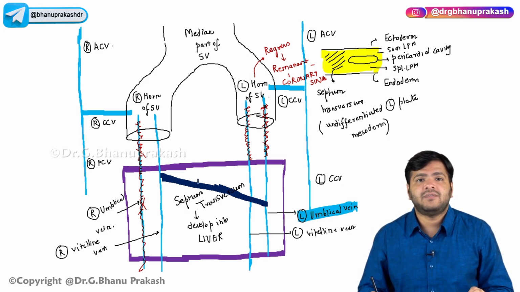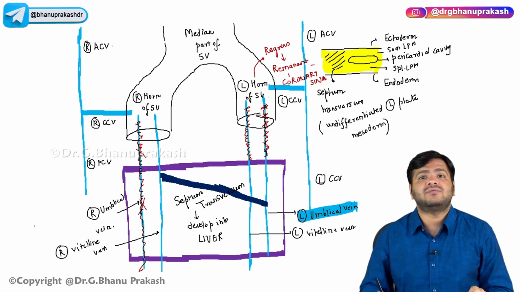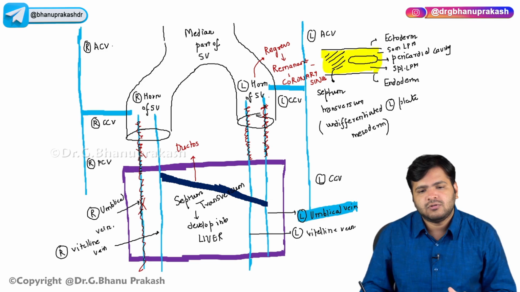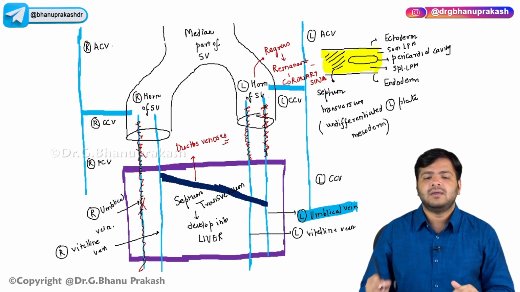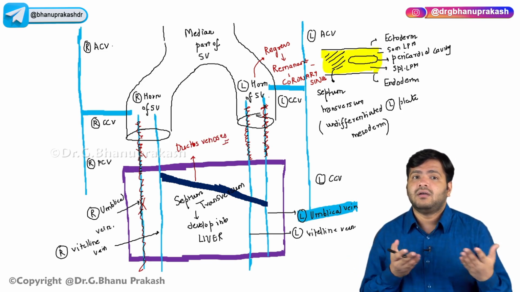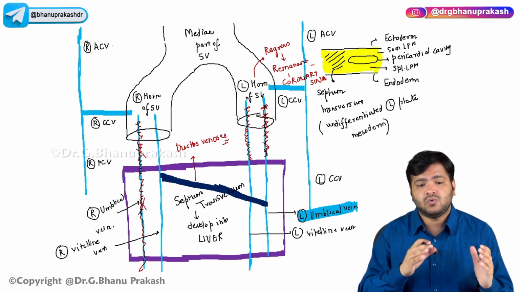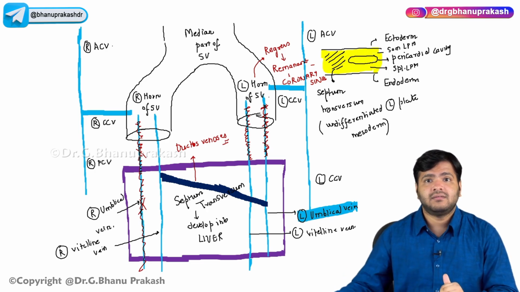So this anastomosis beta, it is called the ductus venosus, right? अब समझ में आया ductus venosus क्या होता है? Basically, it is an oblique channel between the left umbilical vein to the right vitelline vein.